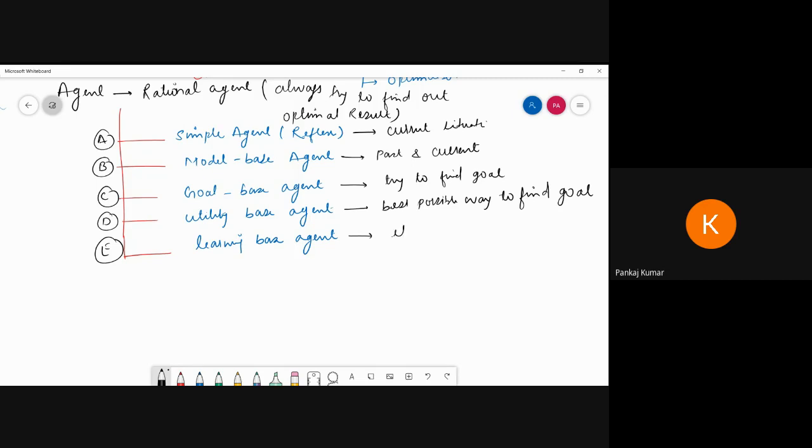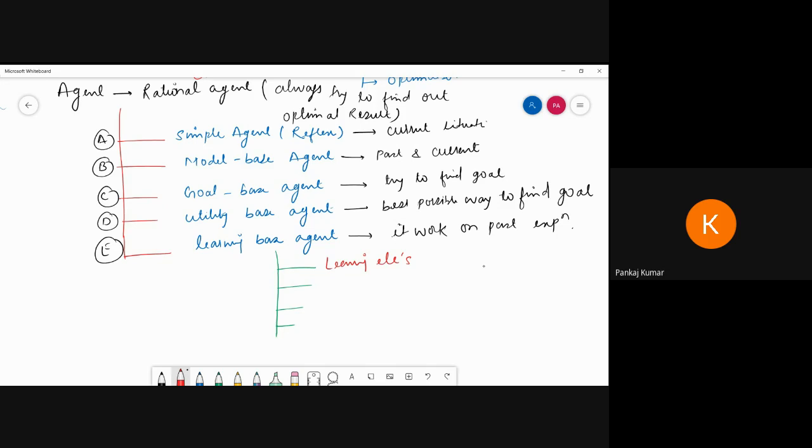And the learning based agent works on past experiences. In the learning based agent we are talking about four components. The first component is the learning element, where the agent learns from the past and the current scenario.